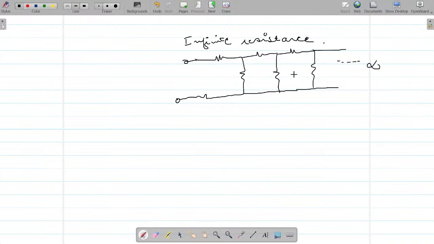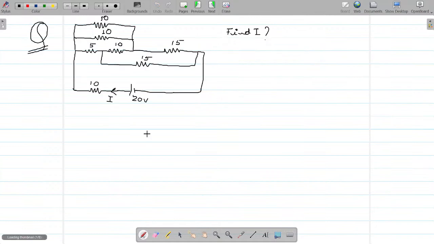Okay. So beginning with questions on balanced bridges. I hope we are all clear with what is a balanced bridge. So what do you understand by a balanced bridge?